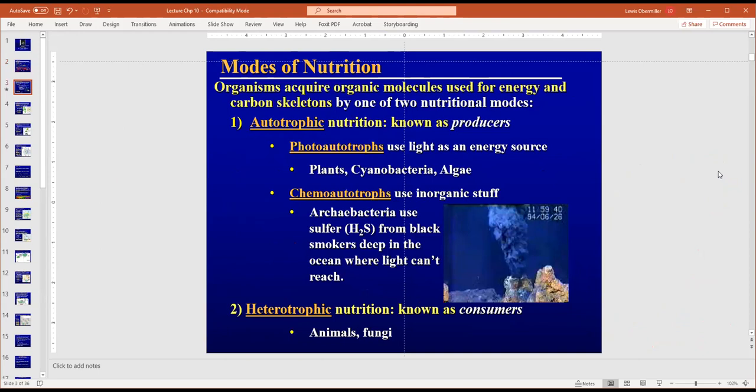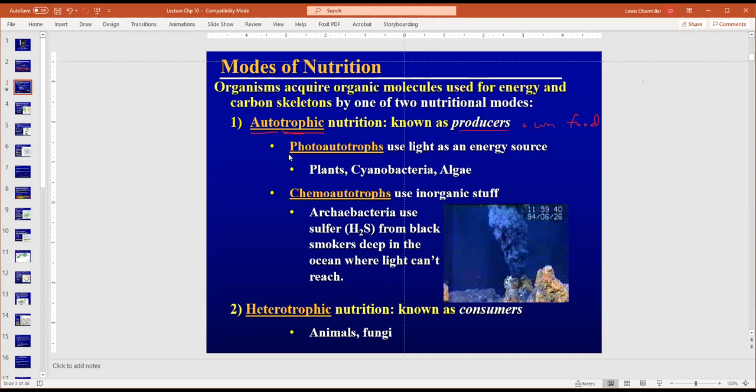All right. So before we start into this, we need to talk a little bit about energy and how nutrients are made. And so these are just some terms that you guys are going to need to know. So auto means self, trophic means nutrients or food producing. So an autotroph organism is something that produces its own food, right?